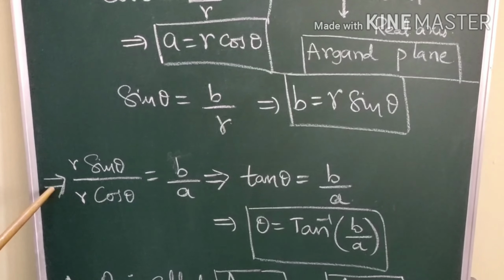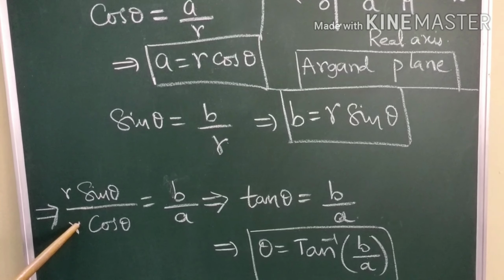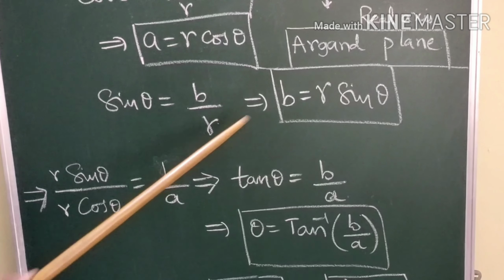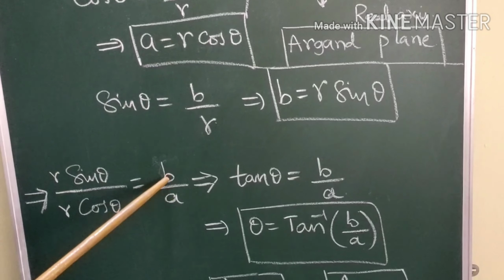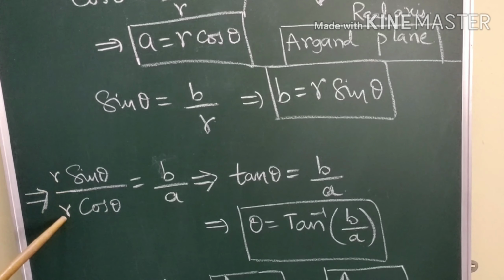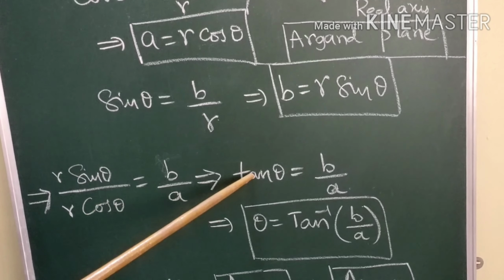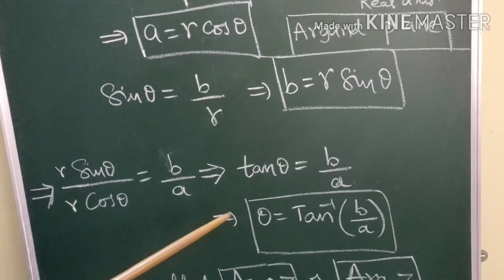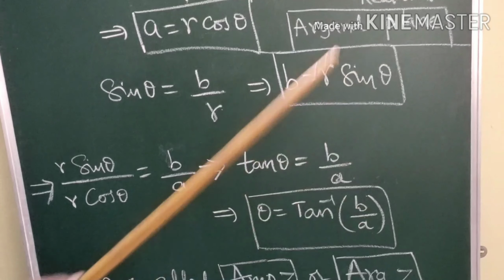Now let us take r sin theta by r cos theta. R sin theta is equal to b, r cos theta is equal to a, that is b by a. Here r gets cancelled, remaining sin theta by cos theta is equal to tan theta. Tan theta is equal to b by a, and theta is equal to tan inverse of b by a.